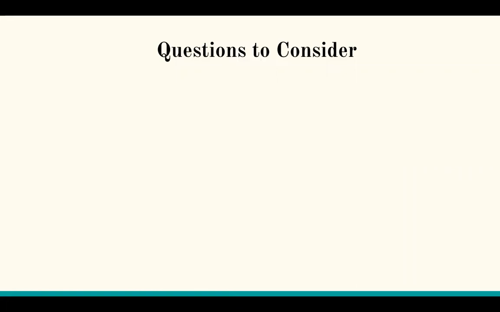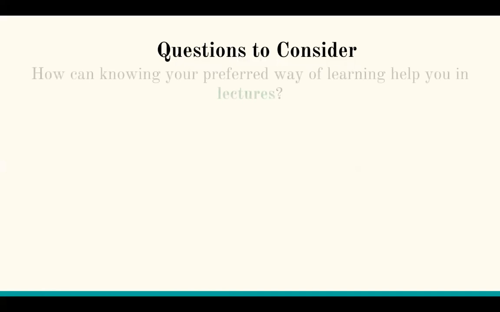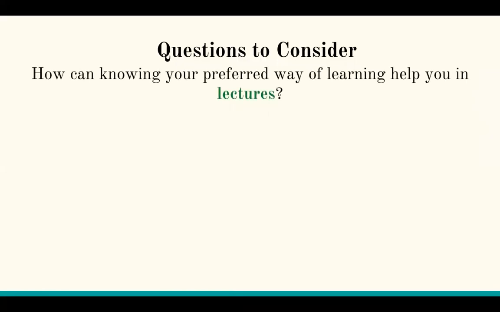As we close this lecture and you prepare for the second lecture, applying this to your other classes and yourself as a learner, here are some questions to ask yourself that will help digest this lecture better.